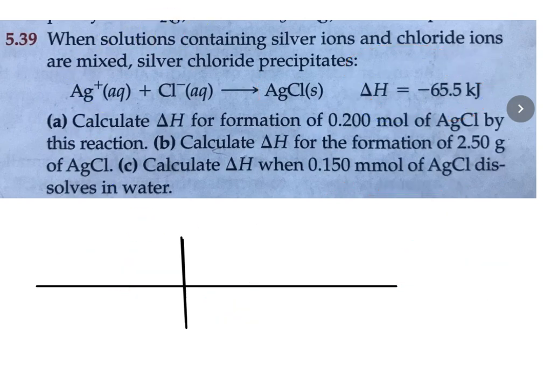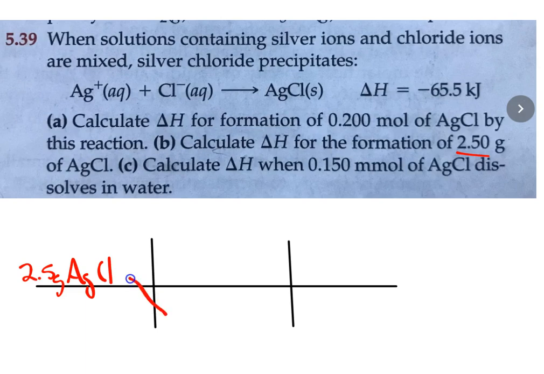Letter B. Yep, that's after A. Okay. Now, it's in grams, so we just have to start with that and do one extra step. 2.5 grams AgCl. What's the mass? 143, sorry. It doesn't really matter.